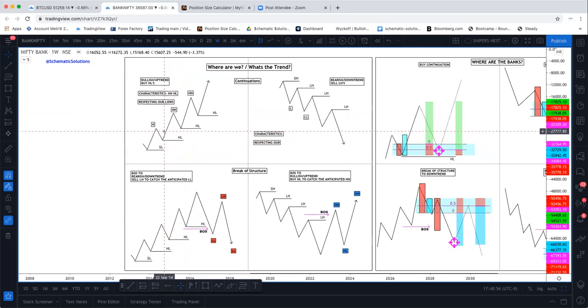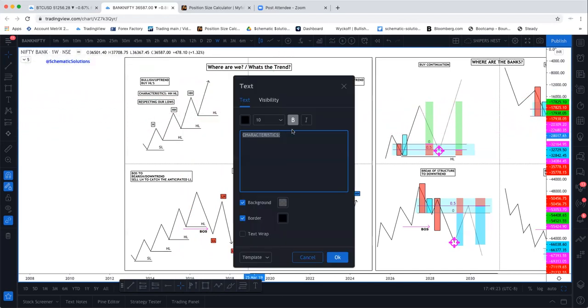Something that's really important is your higher low isn't a higher low unless it actually makes a higher high, which is the one reason why I start off by identifying my higher high and then going to the higher low that made the higher high. Hopefully that makes sense.